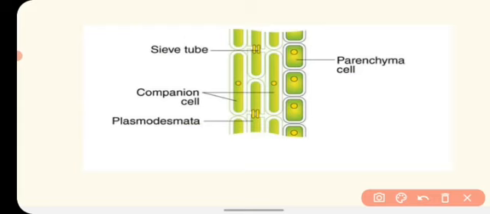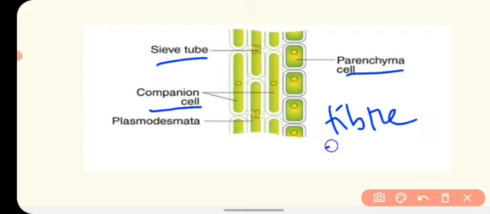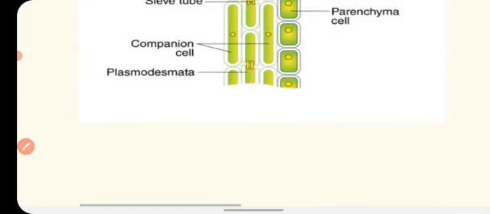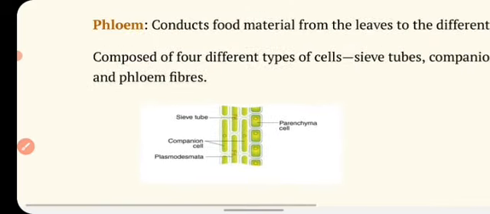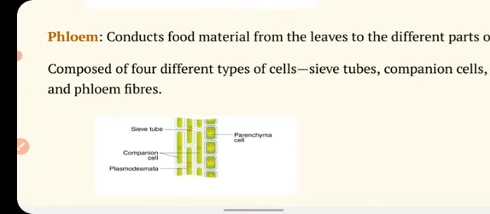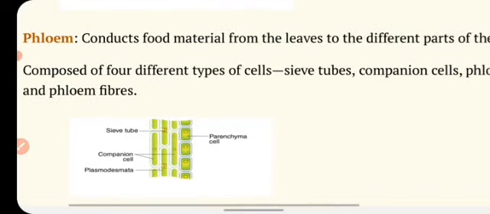So in all these four cells, the sieve tube, companion cell, and parenchyma are the living cells. The phloem fiber is the dead cell. And the main conducting elements in the phloem are sieve tube and companion cells.